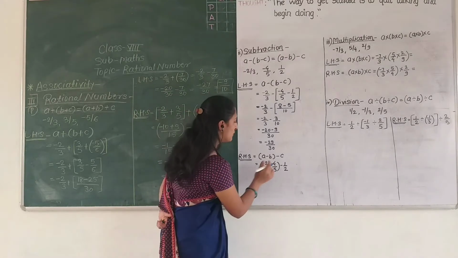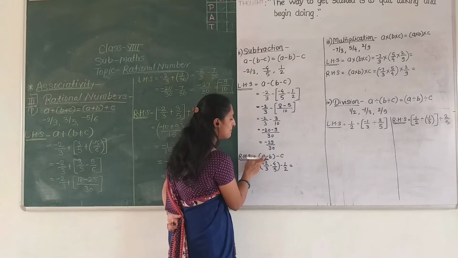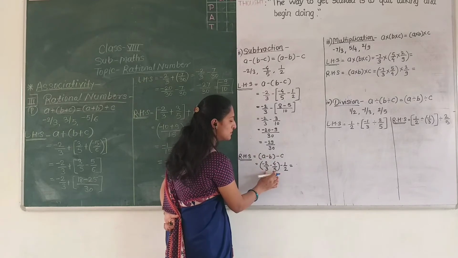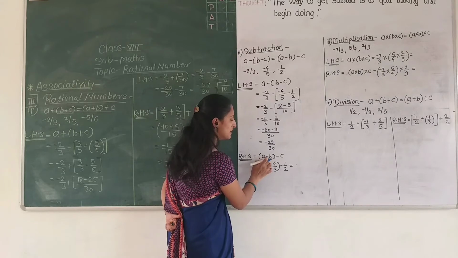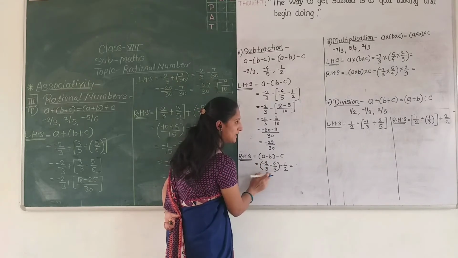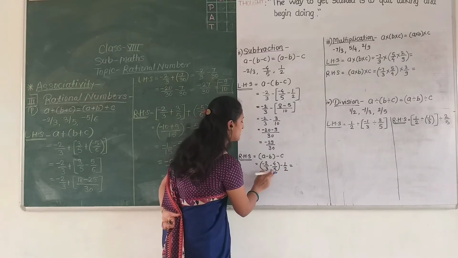Okay. Now for the RHS, we made the group of A minus B. A and B is the group. So first we have to solve the bracket. First we have to subtract A minus B. Again, since denominators are different, we perform cross multiplication, right?